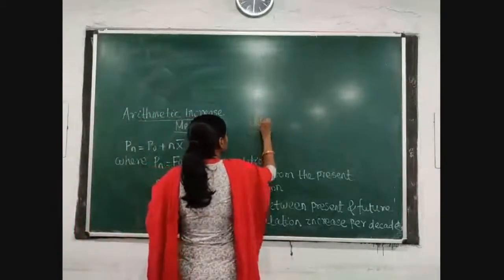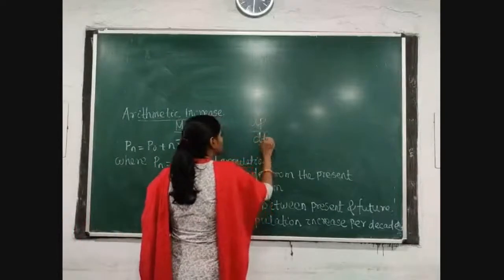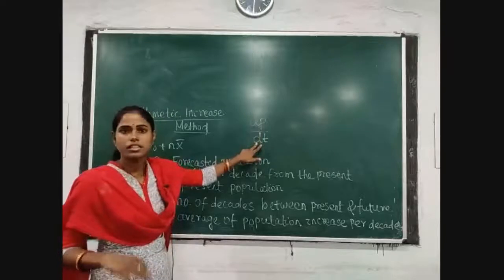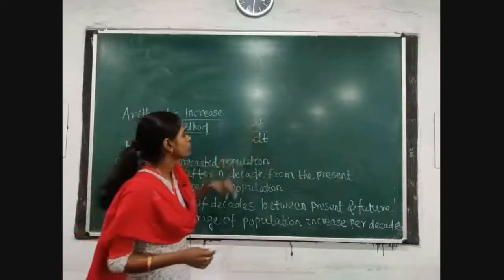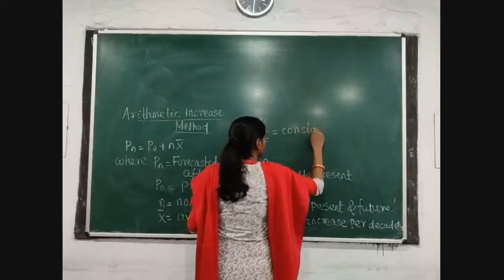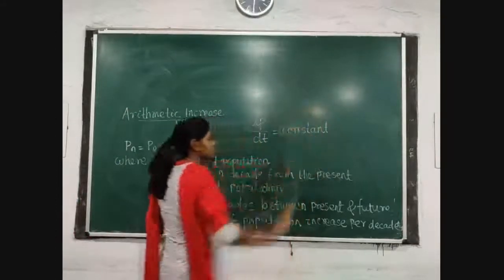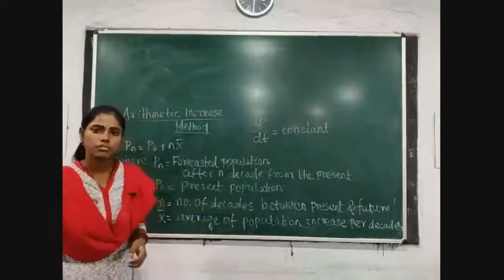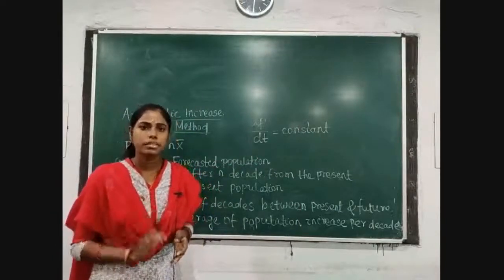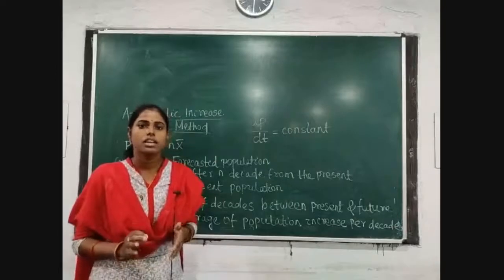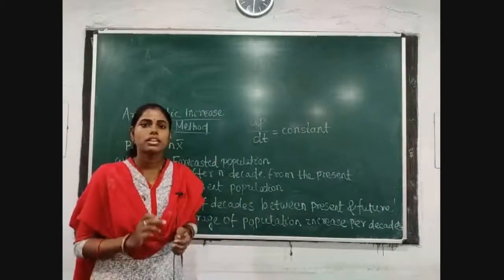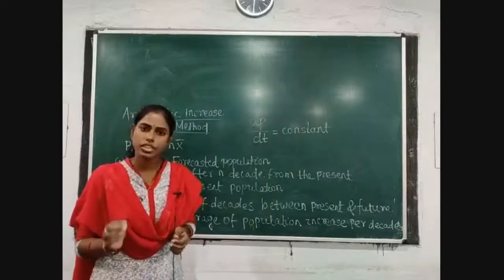So that is dP by dt, where dP means change in population and dt is change in time. So the change of population with respect to time is constant. This method is suitable for large and already established cities, because in large and old cities the population increases nearly at a fixed rate.